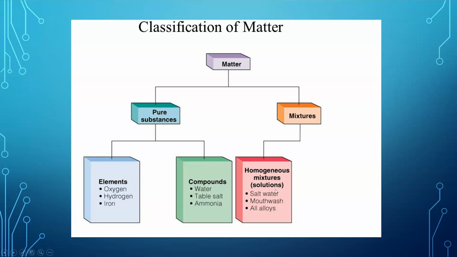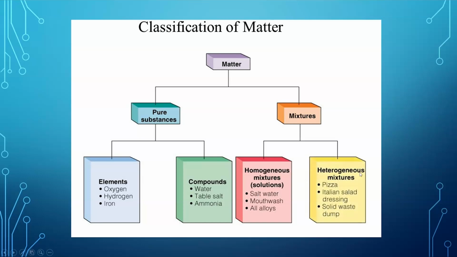So the water has been broken down into its smallest unit, a molecule. The salt has been broken into its smallest units, the sodium and chloride ions. I'm going to give you some easy ways to recognize homogeneous mixtures in our video in just a couple of minutes. The other type of mixtures are heterogeneous mixtures, and those are easy to recognize.